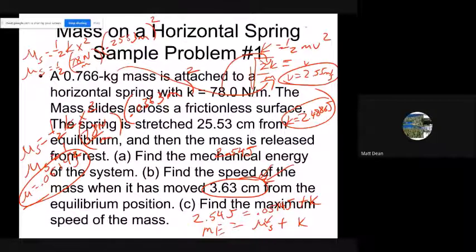The last part of this question asks us to find the maximum speed. Well, remember, the maximum speed is always going to be at the equilibrium position. It's when all of the mechanical energy is in the form of kinetic energy. Which means, if we go back to this equation here, we had 2.54 joules of total mechanical energy. When it's at its maximum speed, 0 of that is elastic potential, which means all of that has to be kinetic.